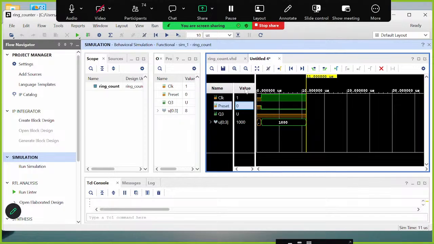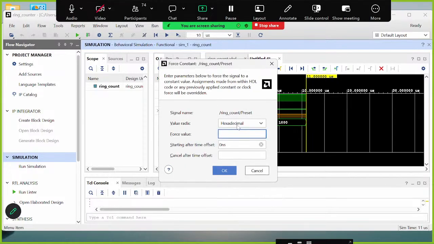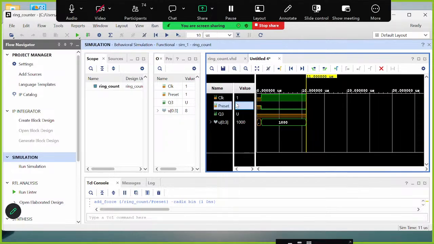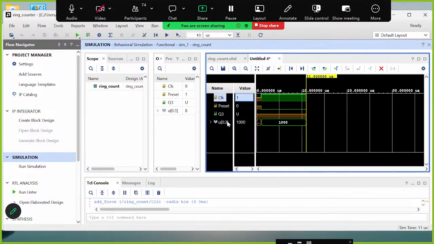Okay, after that, let's see when we are applying. Let's reset this. Make reset 1, deactivate it, and now try to apply the clock, make a negative edge transition on the clock.